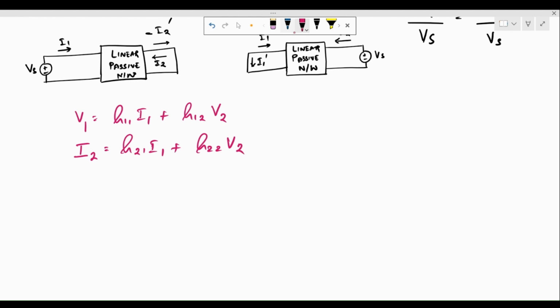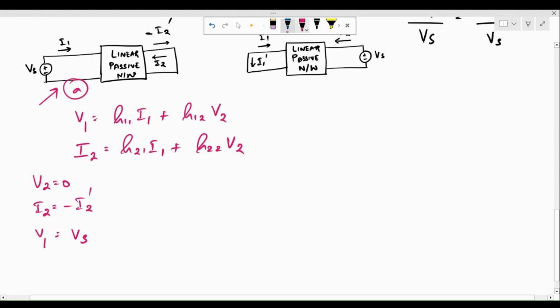Now let's look at this scenario, first scenario A rather. Here we see that V2 is going to be equal to 0, and I2 is actually equal to minus I2 dash, and V1 is equal to Vs. So let's incorporate these into these equations and see what relations we get.